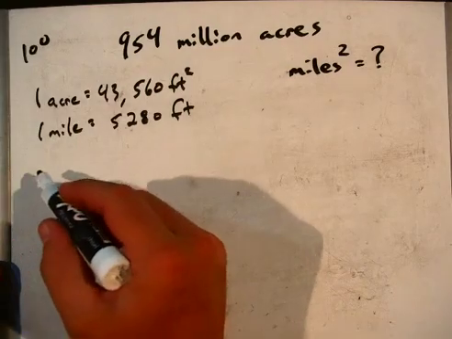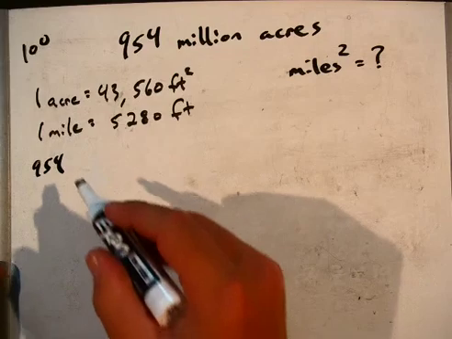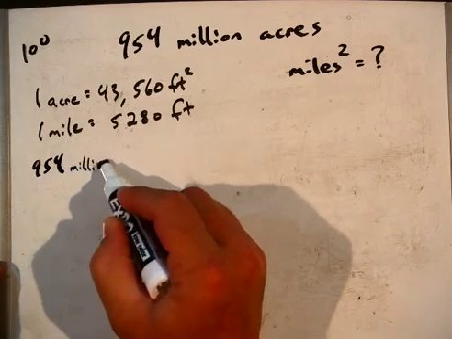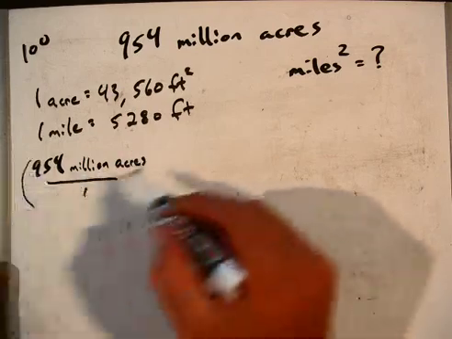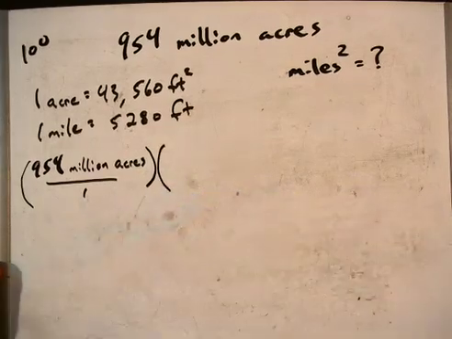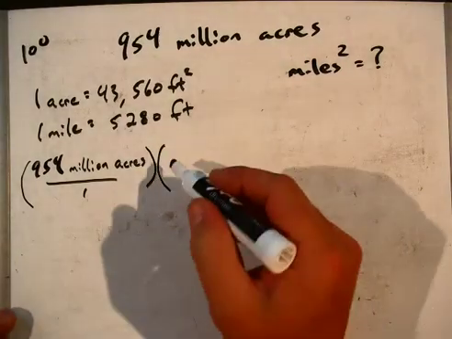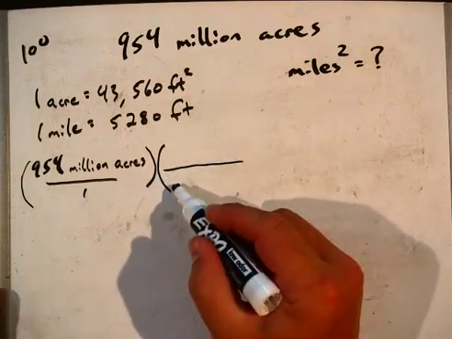And so if we begin, we have 954 million acres. And I know, or hopefully we know, that there should be 6 zeros after that, but we can still just use the dimensional analysis to do the conversion, right?